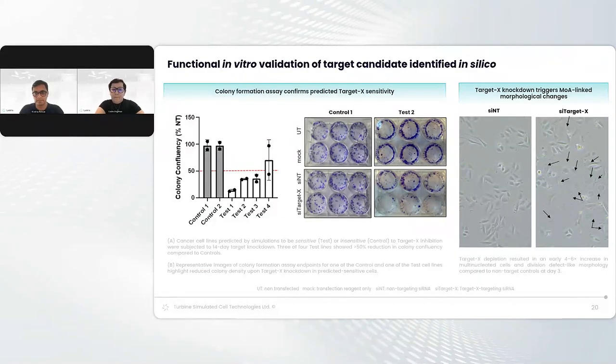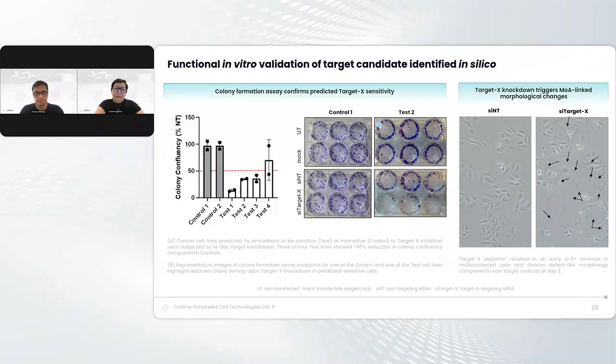Here, on one hand, we measure cellular viability. You can see we selected a panel of control cell lines and 4 test cell lines based on the simulations.